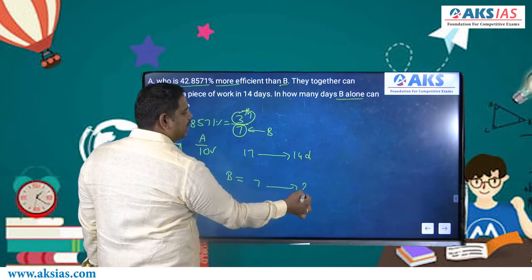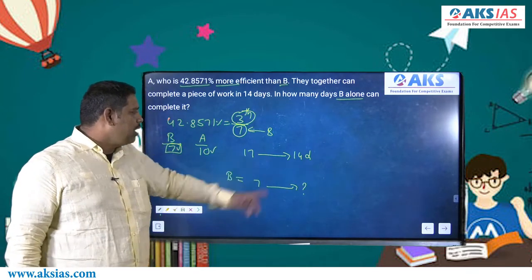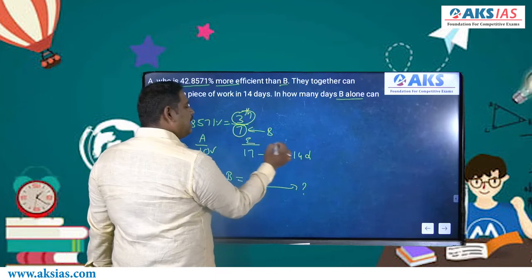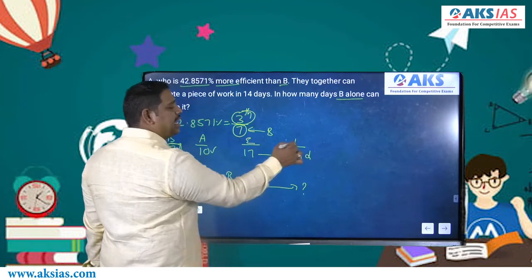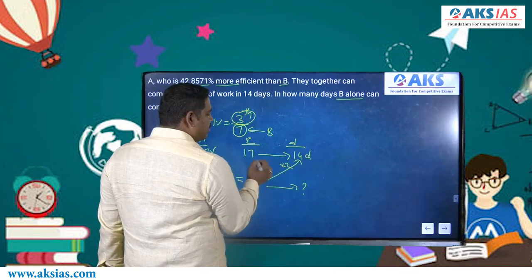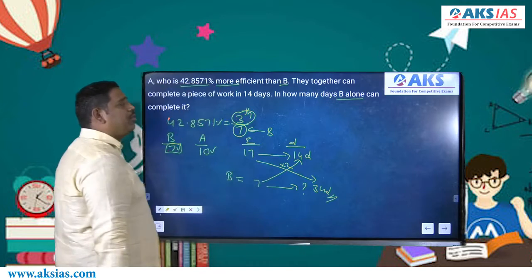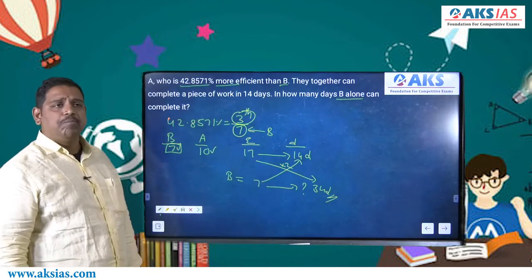How many days? Is it correct? Now if you observe, this is efficiency and these are days, right? So efficiency and days are in inverse proportion, so you can establish the cross relation. 17 into 2 becomes how much? 34 days. 34 days are required to complete the job by B alone.